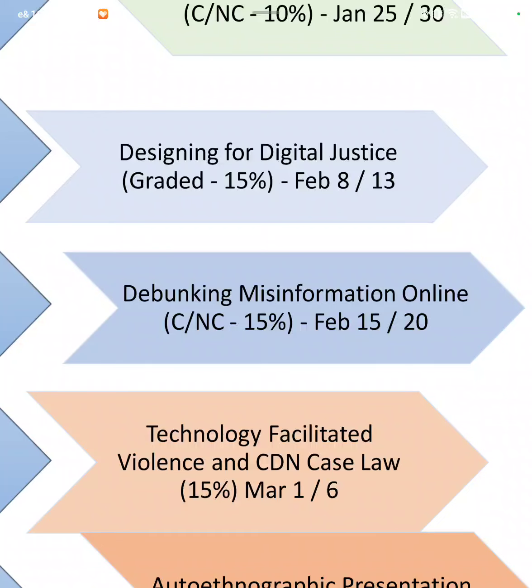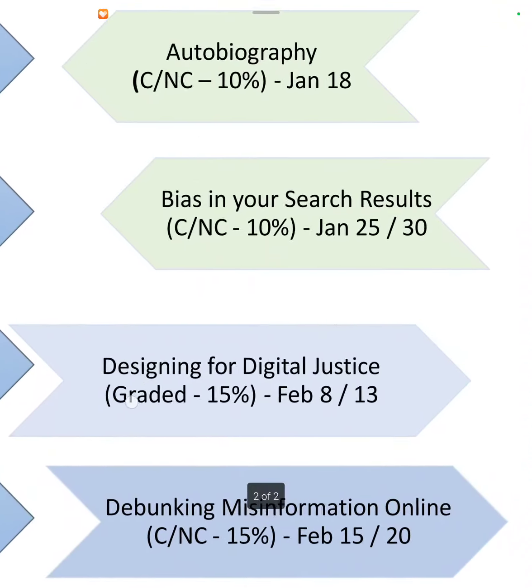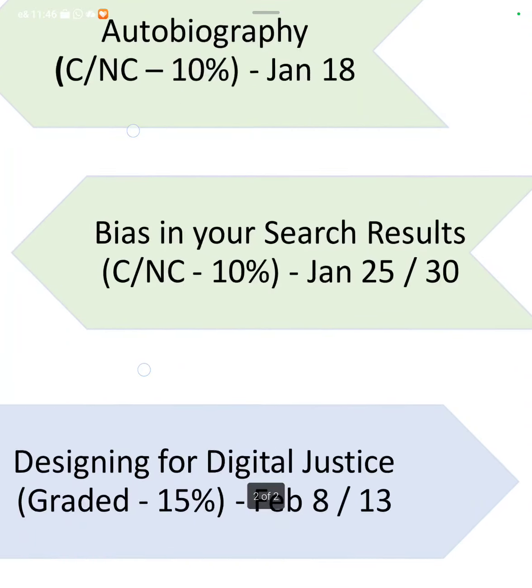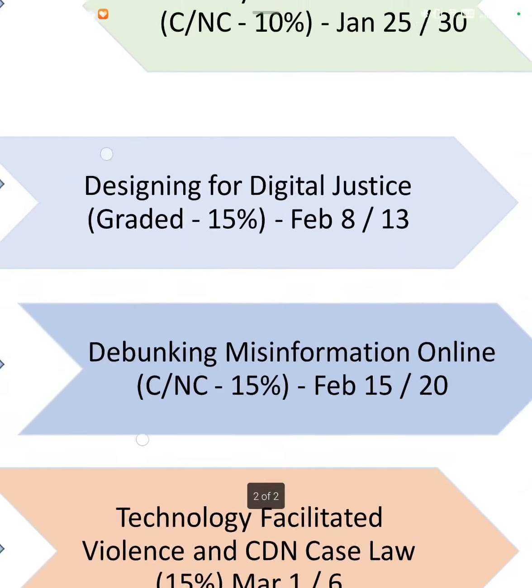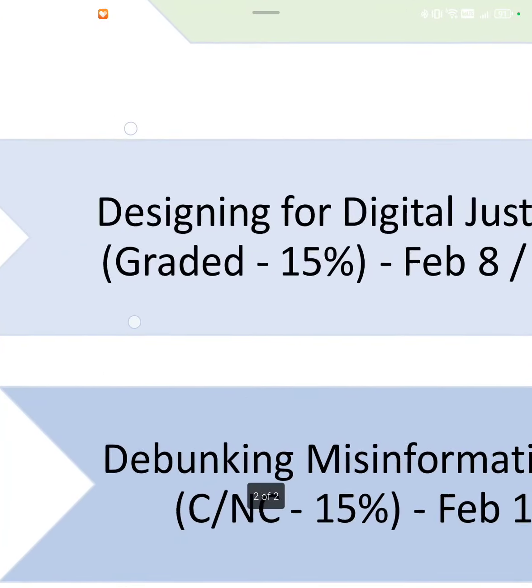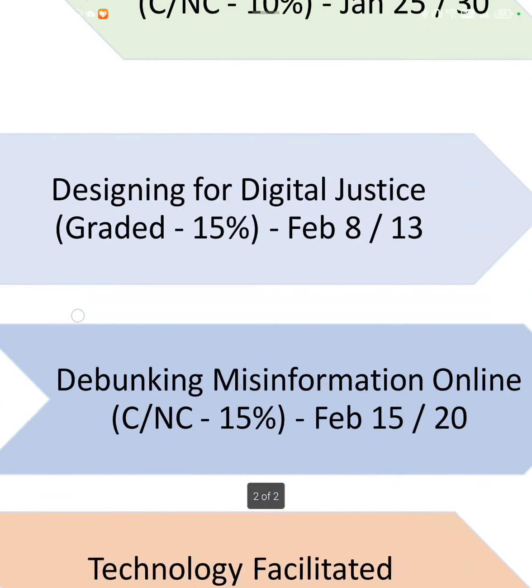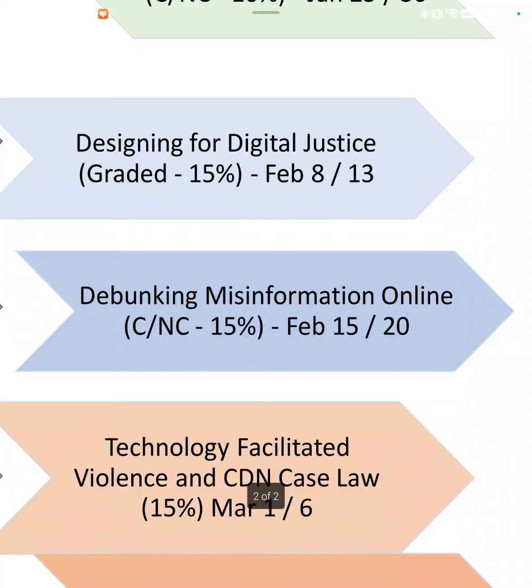How do our students even look at your own information? And so when we reference back to bias in your search results, there's also bias in the information you're putting out there. So how do you think about that yourself in terms of digital justice? And then how do you help your students to look at the world, but also you in debunking information online?